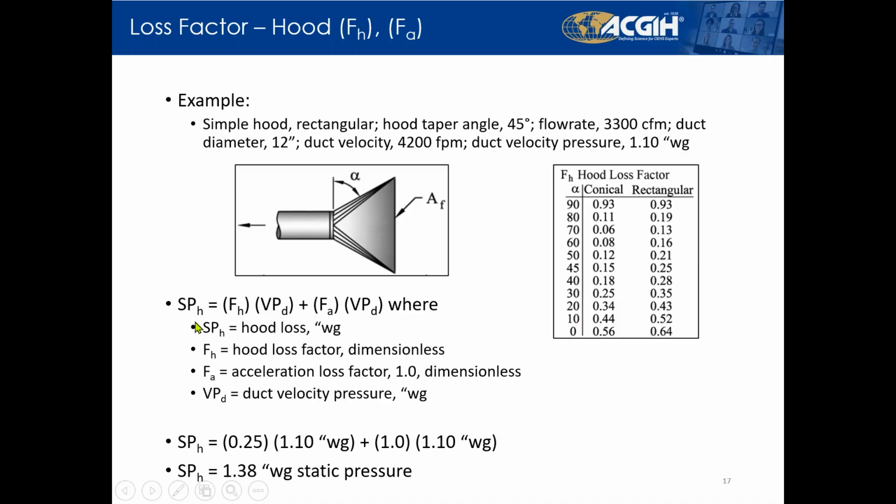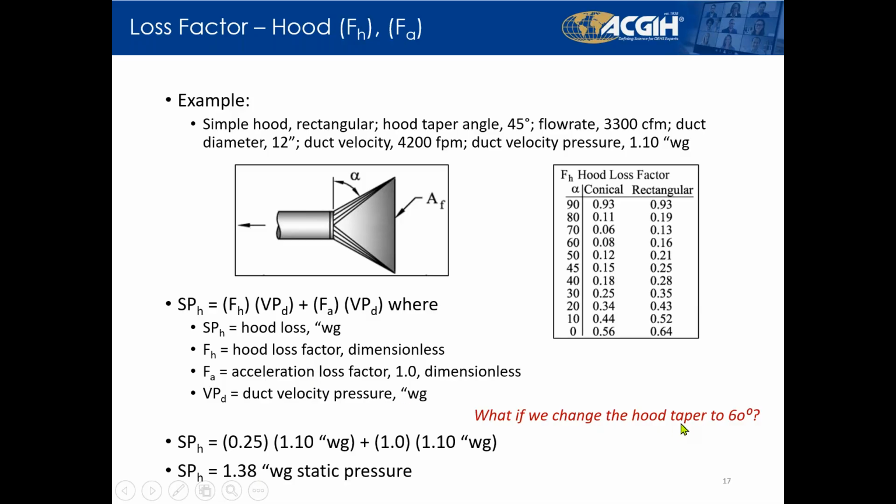Knowing that, we can calculate our hood static pressure, which is our F sub H, 0.25, times our duct velocity pressure, which is 1.1, plus our acceleration loss, which is our F sub A, which is always 1, times our duct velocity pressure, which is 1.1, and that calculation gives us a hood static pressure of 1.38 inches of water gauge.